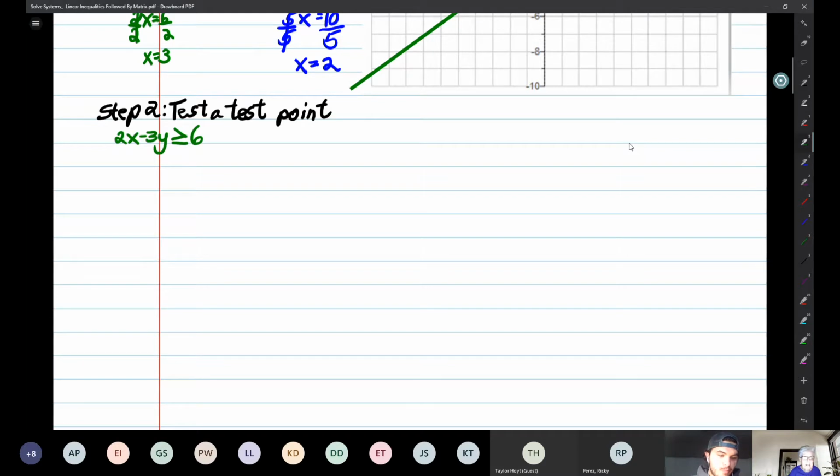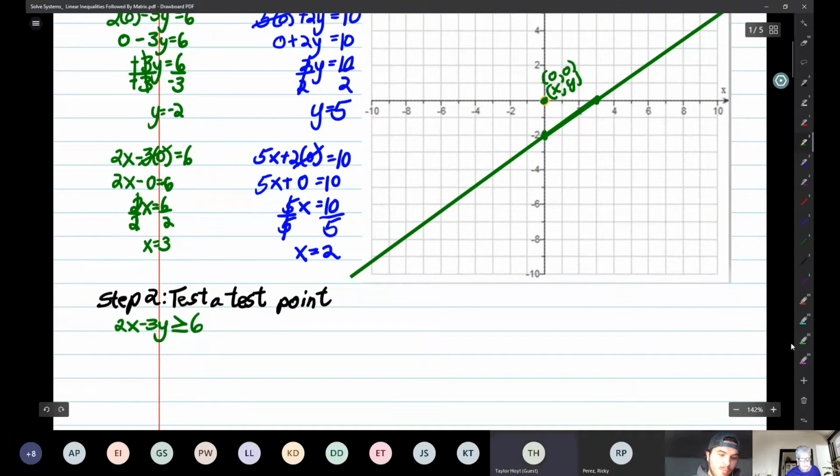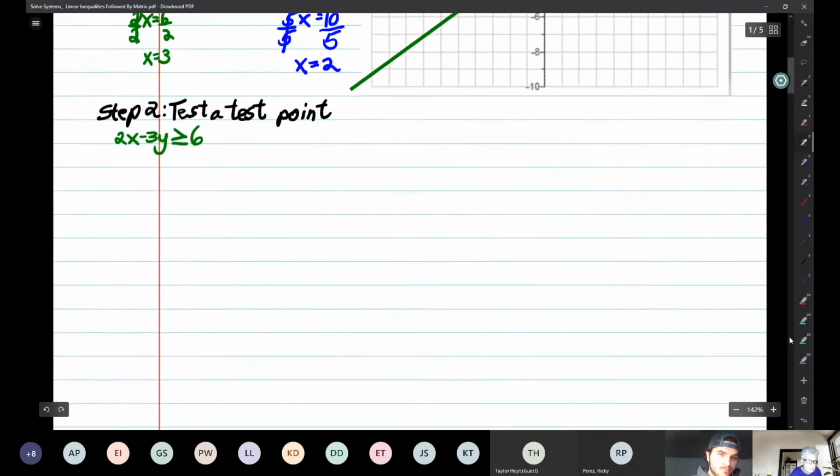I put a 0 in for x and a 0 in for y. I mean, you can't get easier than this. 0 minus 0 is 0. So we have a statement here that 0 is greater than or equal to 6, and that statement is false. 0 is not greater than 6. So this is going to be false.